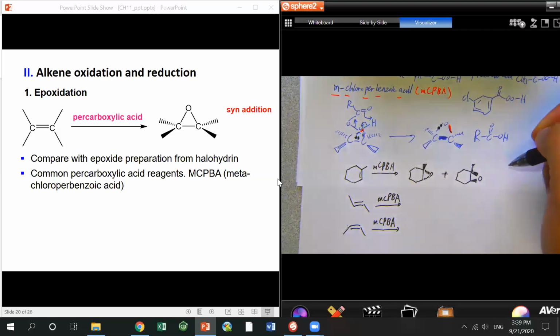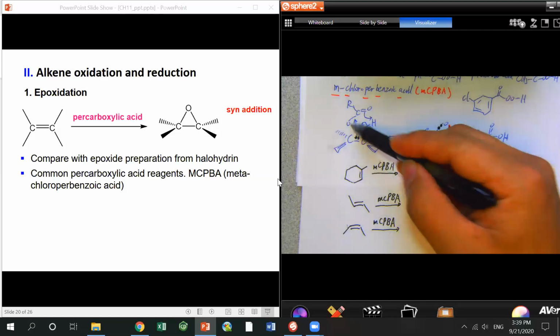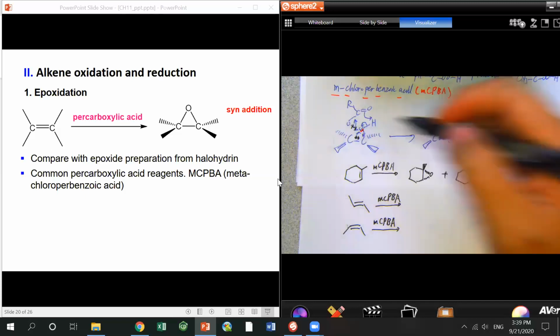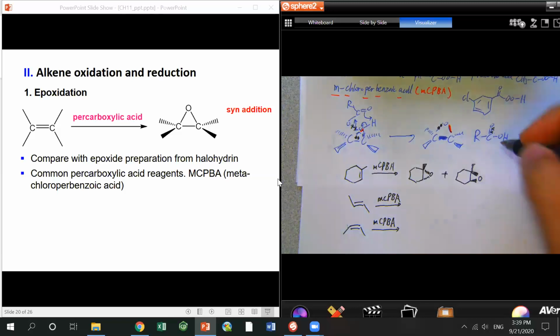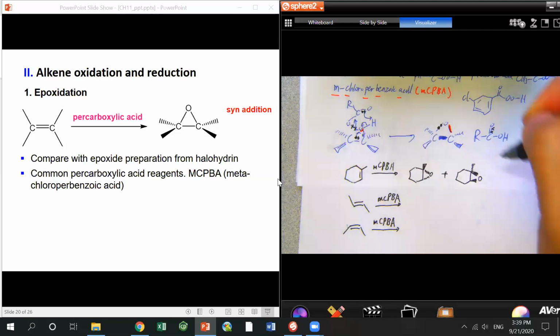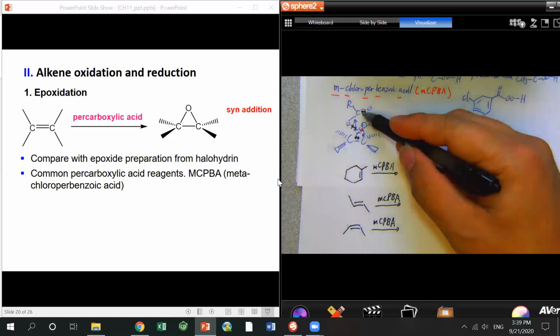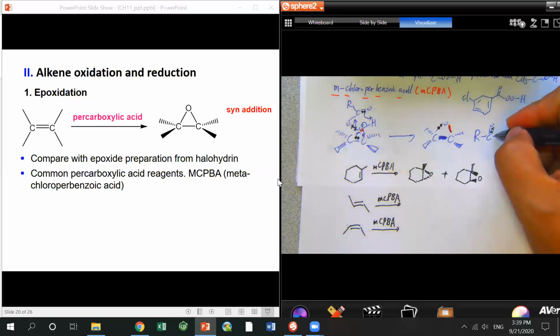Then these two, the oxygen's shared electrons, go here and generate another pi bond between the carbon and oxygen. Then the carbon-oxygen electrons, the pi bond, shift to here and build up an oxygen-hydrogen bond.